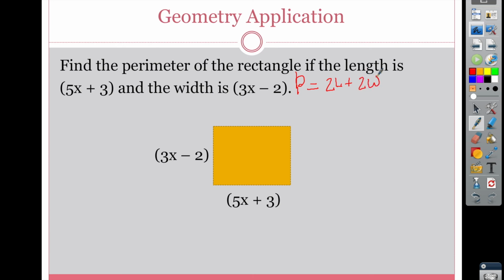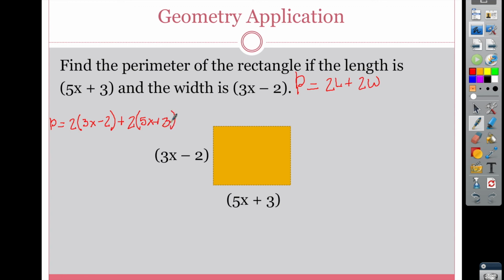So we are going to substitute in our values for length and width. So we're going to get our perimeter equals 2 times 3x minus 2 plus 2 times 5x plus 3.